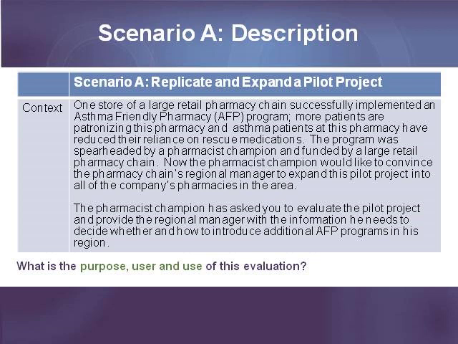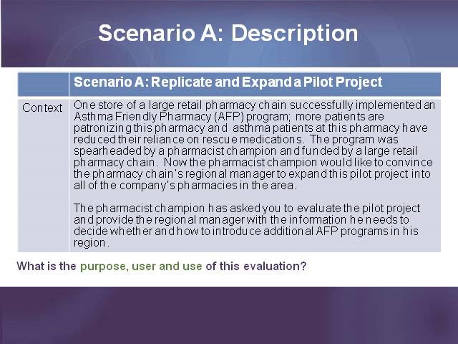So scenario A: one store of a large retail pharmacy chain successfully implemented the AFP program. More patients are patronizing this pharmacy, and asthma patients at this pharmacy have reduced their reliance on rescue medications, which, remember, was one of our intended outcomes. The program was spearheaded by a pharmacist champion and funded by a large retail pharmacy chain.